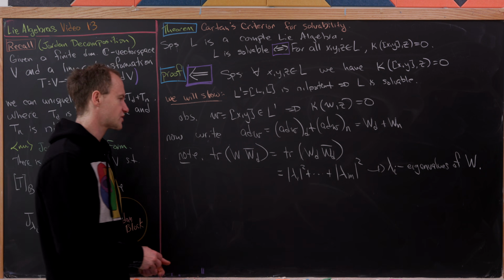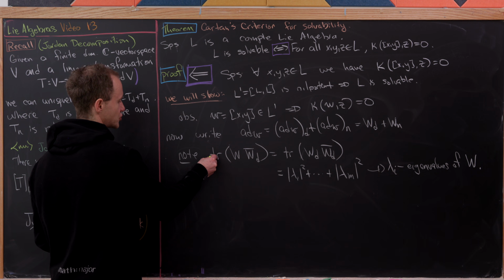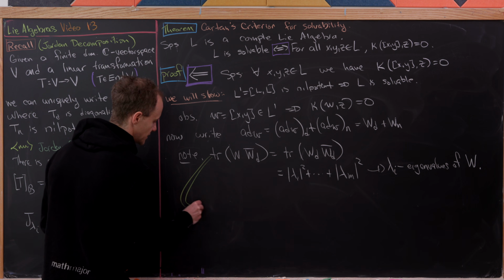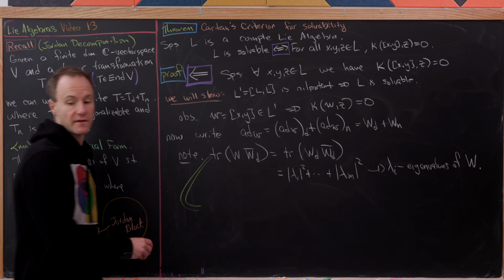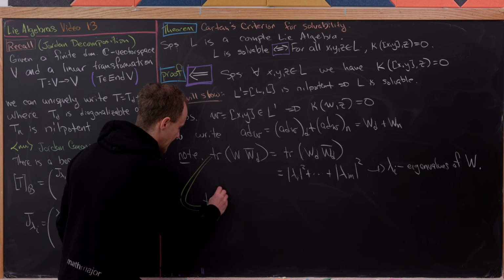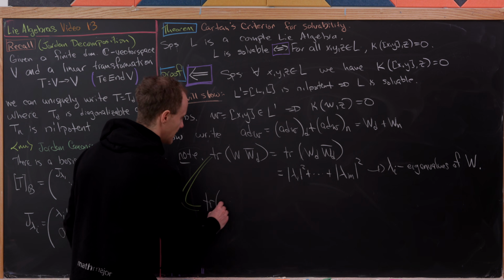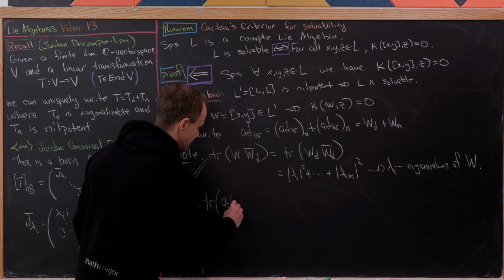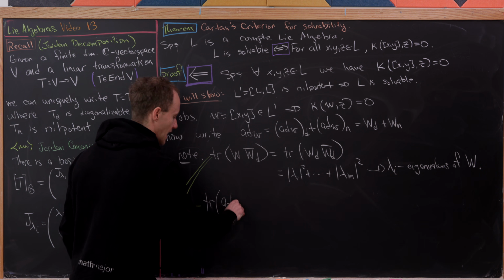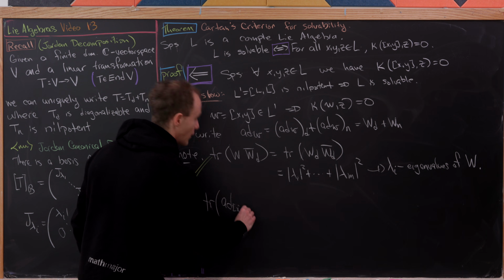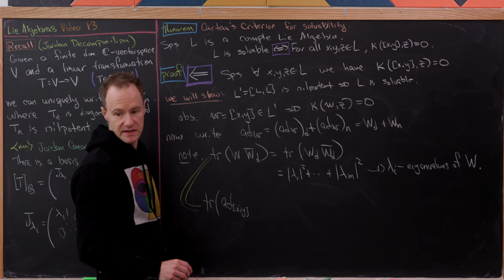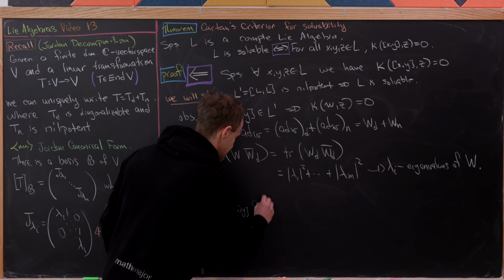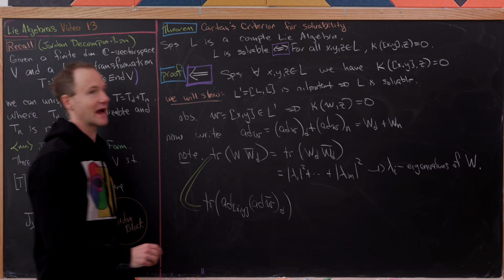But now let's also work this trace in another direction. On the one hand, we know that it's that sum, but on the other hand, we can write it as the trace of ad w, which I should point out was ad of the bracket of x with y from our definition of w here, times this ad w bar, where we've taken the diagonal part.